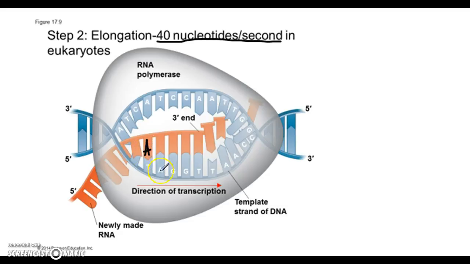But if it sees A on the DNA, it's not going to put a T. Instead, that's where it would use the U. G goes with C. Again, that looks like another G, so another C. If it sees T, it's going to put an A. We have another T, A. Again, here's A, so this is where it would use U, and so on.